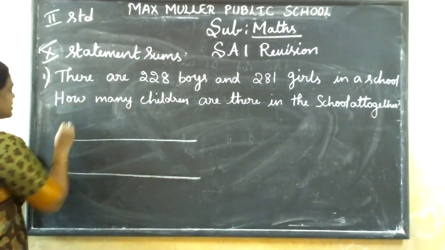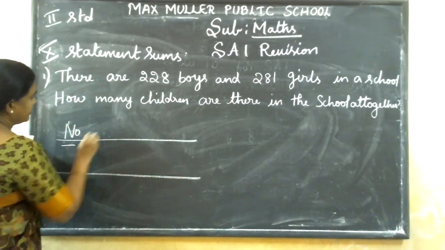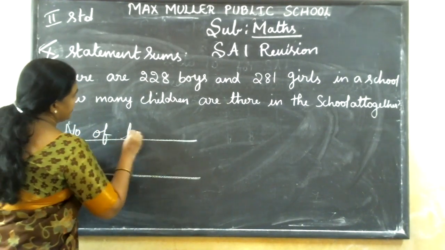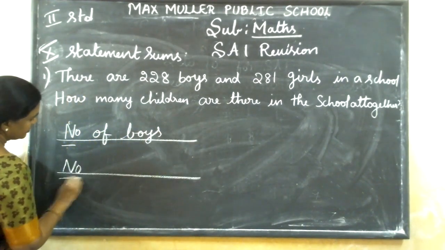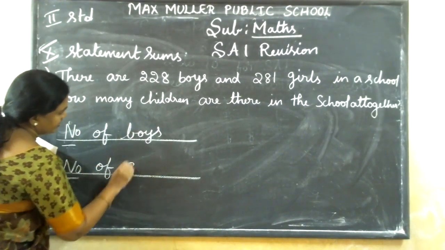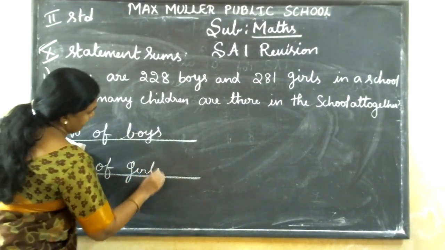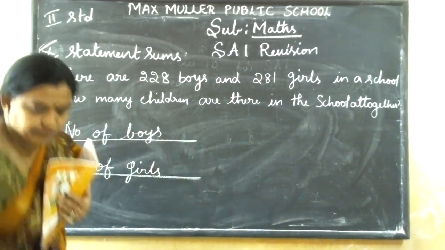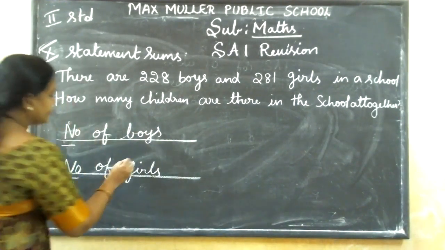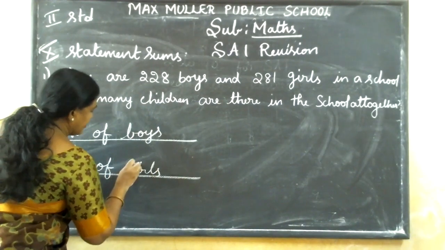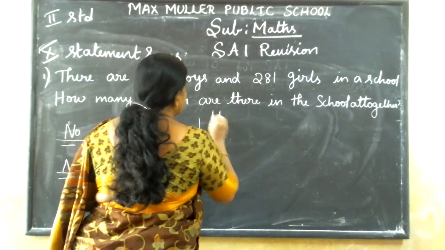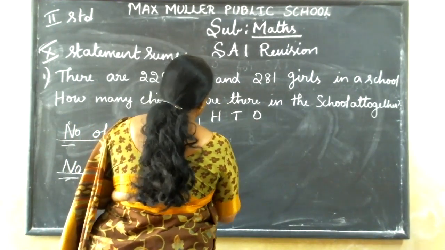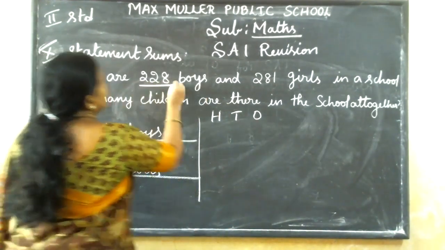Number of boys. Number of girls. Number of boys, how many children here? Hundreds, tens, ones. Number of boys, 228.